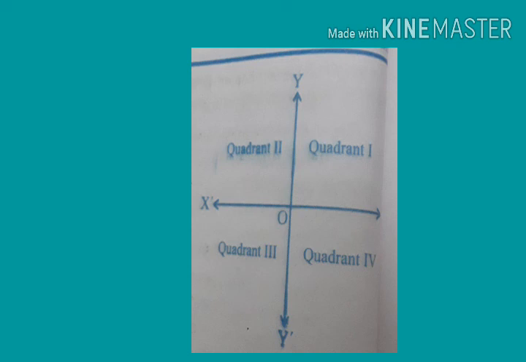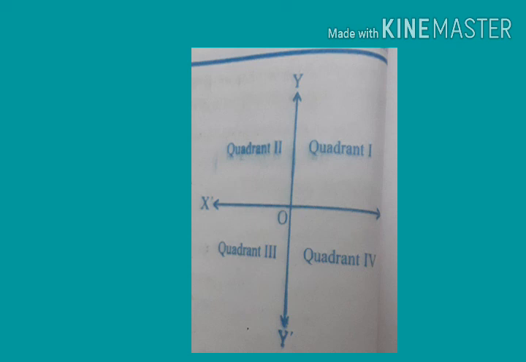Okay, then in the first quadrant the values x and y are positive, but in the second quadrant x is negative, y is positive, and in the third quadrant both are negative. In the fourth quadrant x is positive but y is negative. These we can discuss in detail in the next session.